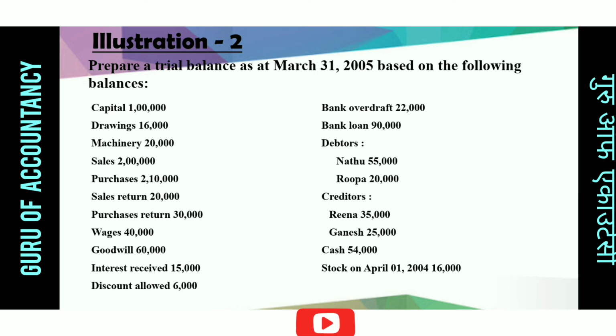But next is debtors. Now debtors are the current assets and they have debit balance, so we have two debtors, Nathu and Rupa. Creditors, Rina and Ganesh, creditors are liability, so it has credit balance. Cash it is asset, so debit balance. And stock on April 1st 2004 it is an asset, so it has debit balance.